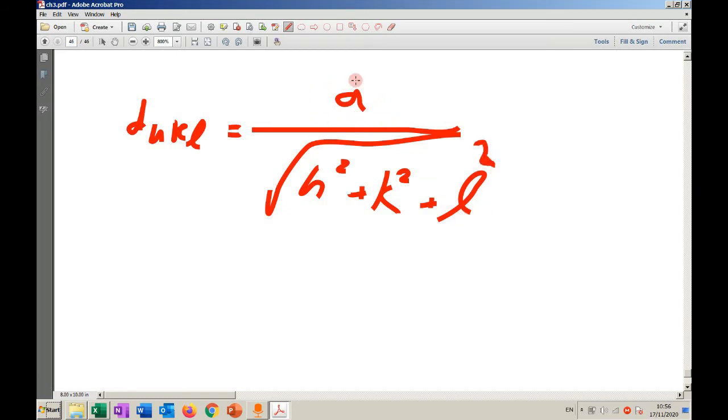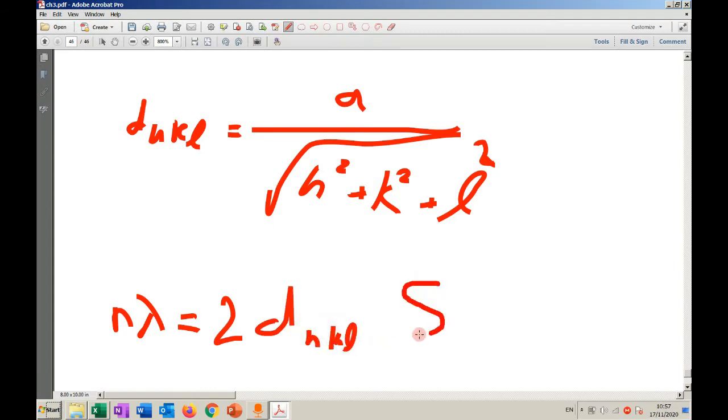If you see, we don't have a. Yes, we have the sum of the squared Miller indices, but we don't have a, so we cannot use this one. We'll check the second equation, which is n lambda equals 2 d_hkl sine theta.